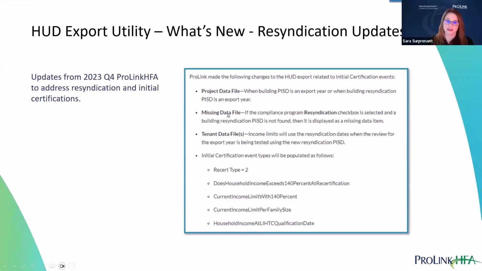So this is what's new compared to last year. We had some updates in ProLink HFA that address the resyndication and initial certification events for your tenant collection. These items can be found in our help and release notes, which I believe most of you get an email notification for from Procorum when those release notes are posted to the HFA user group.